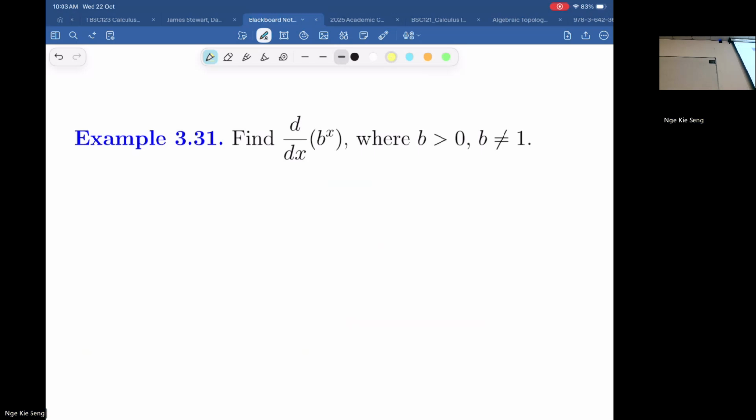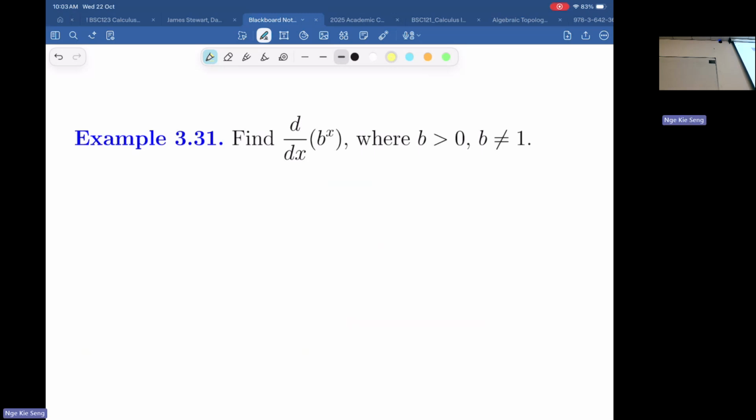So do you still remember how to differentiate the exponential function? Differentiate e to the x, what do you get? This is a very easy derivative that you have to remember.